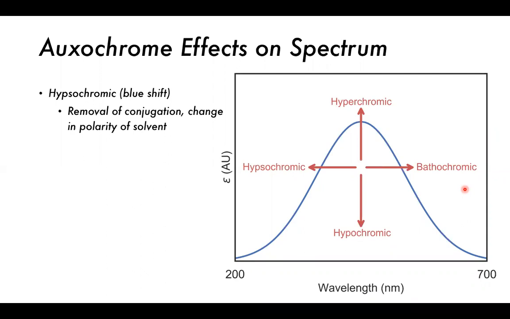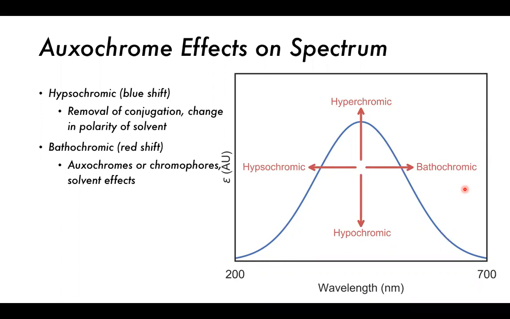So if we remove conjugation, i.e. we just have a regular alkane, then we're going to end up with something which is more in the UV, with higher energy absorbances. Why? Because it doesn't have those pi to pi star transitions. It only has the sigma to sigma star, things like that. Bathochromic is a red shift. This is caused by oxychromes or chromophores and solvent effects.